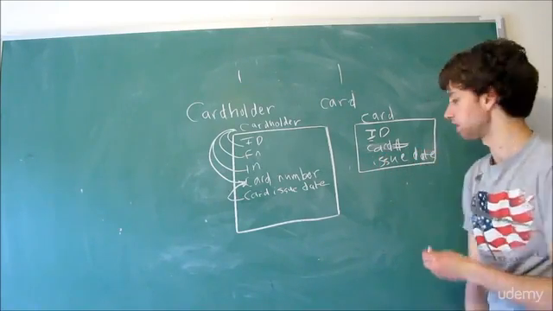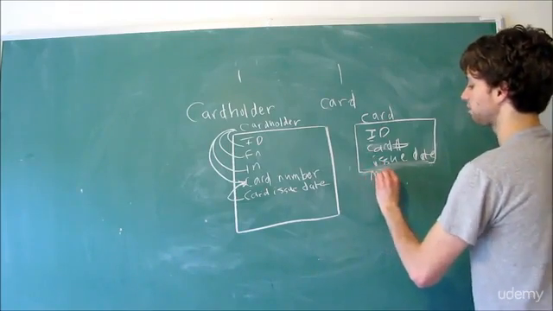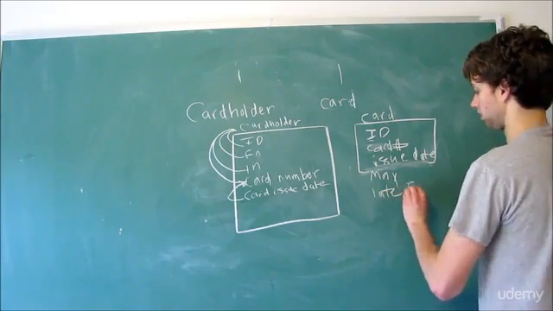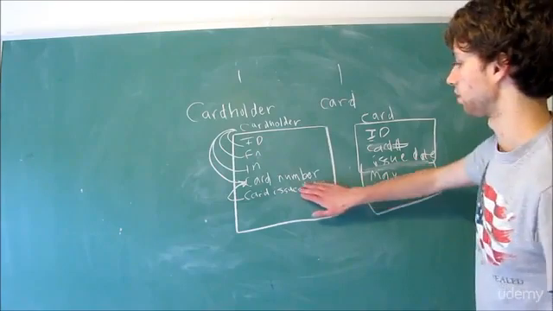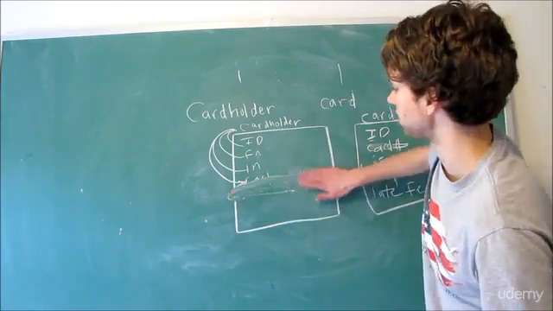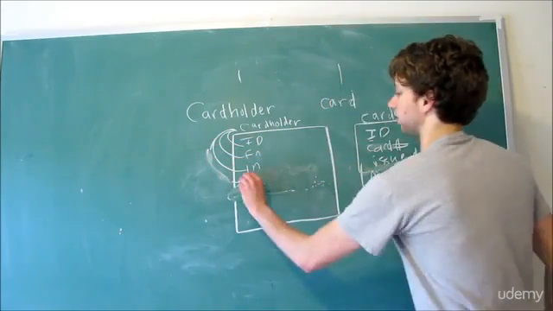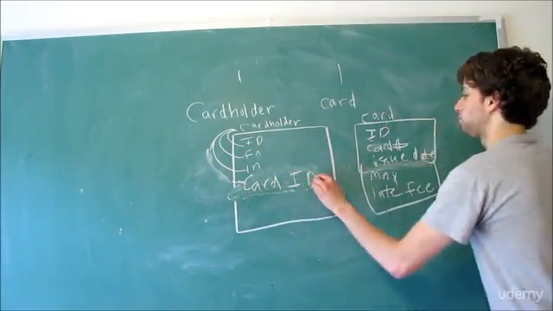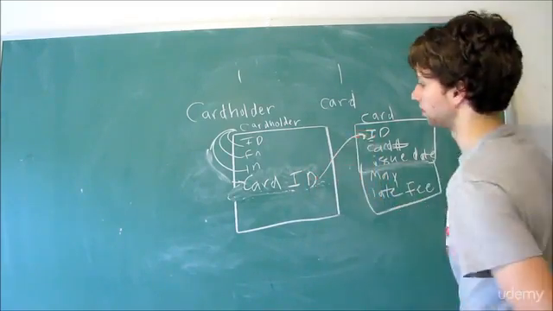Now we can store as much information about this card. So if we want to store the max amount, the late fee, pretty much anything we want to store about this card can be stored in this table, and we can replace this card number with a reference. So we have a card ID, and that points back to this ID. You see what I'm saying?